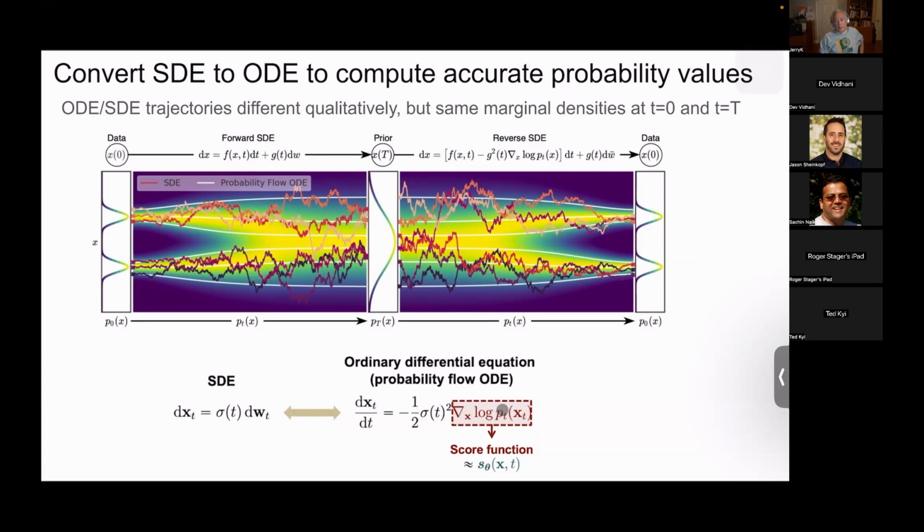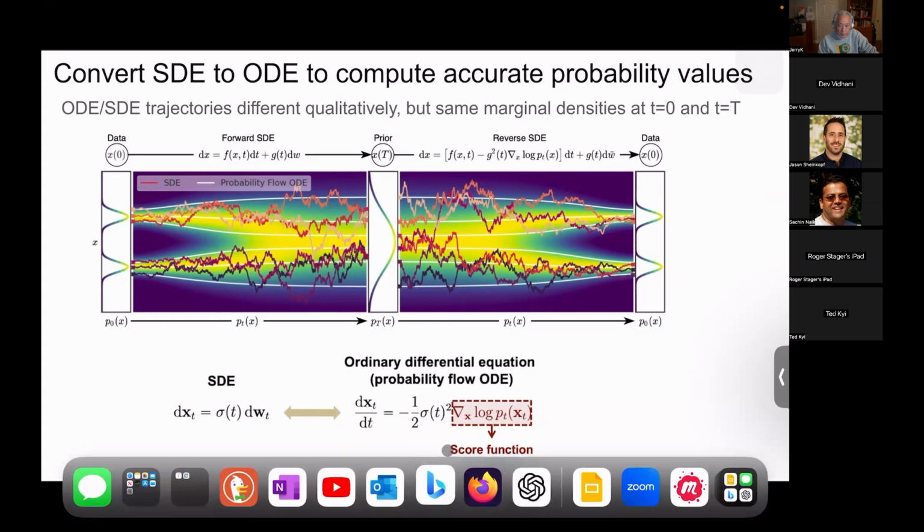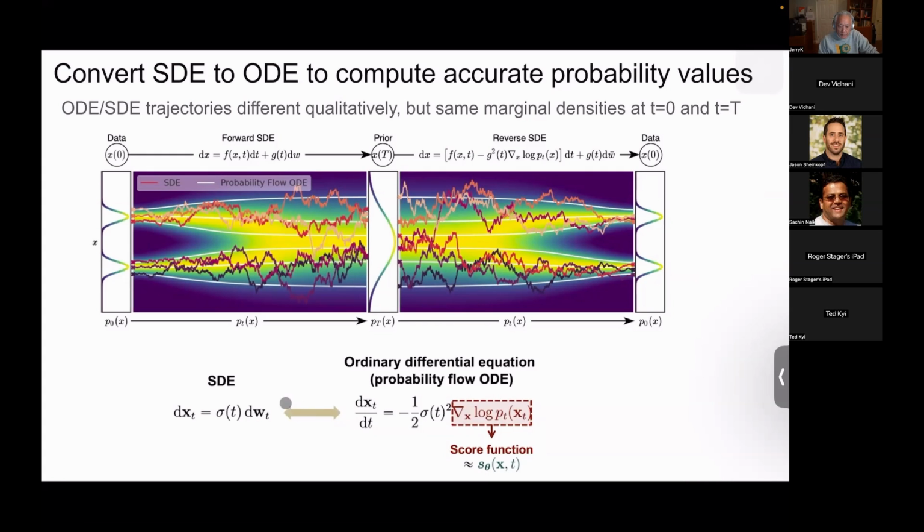what Yang Song's contribution was in this case was to showcase that for the SDE formulation that we had, there is a one-to-one correspondence between the SDE that you have for your stochastic process and the ODE corresponding to that SDE for this kind of problem formulation.